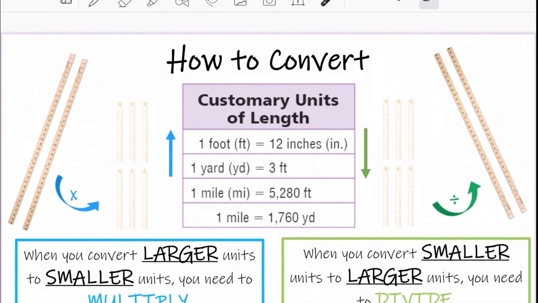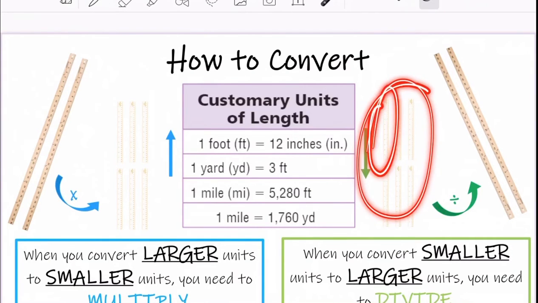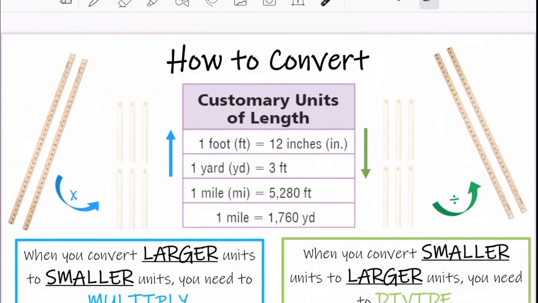All right, and then when you convert smaller units to larger units, here's our smaller unit. We know that a foot is smaller than a yard. You need to divide, right? So we're going from 6 to 2, so our numbers are getting smaller. Our outcome is going to be smaller when we divide this by 3.